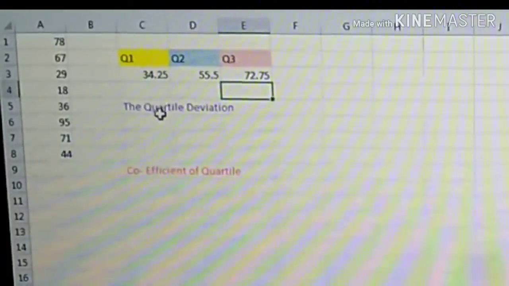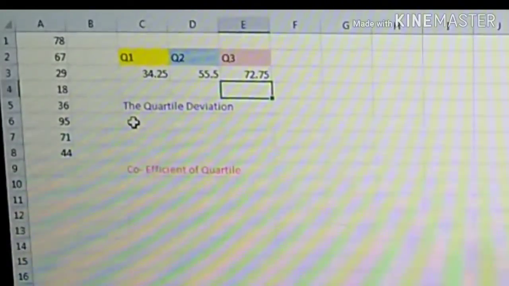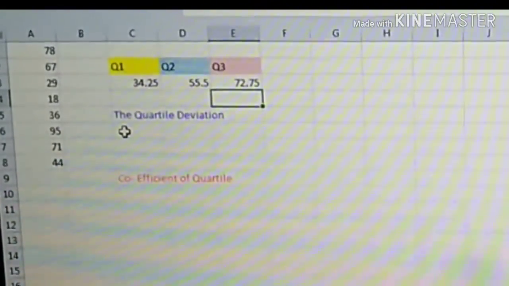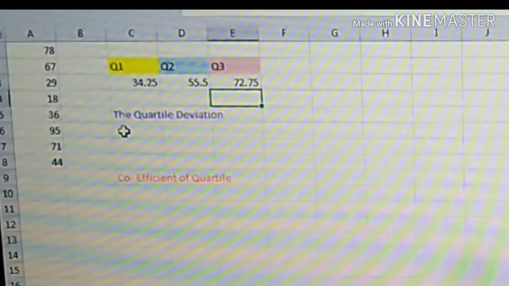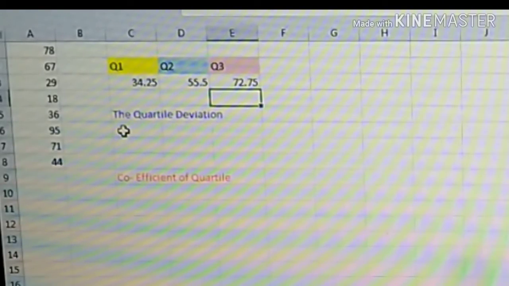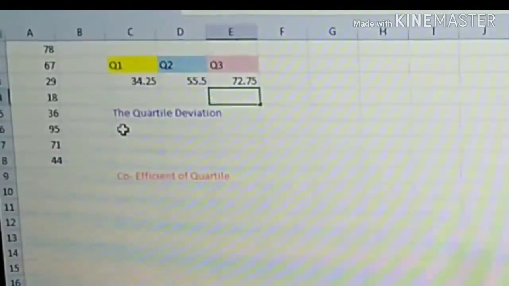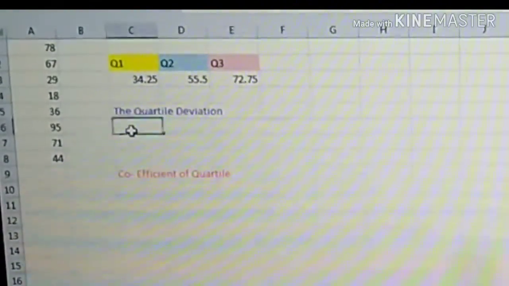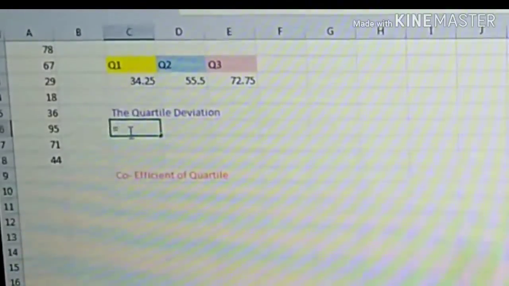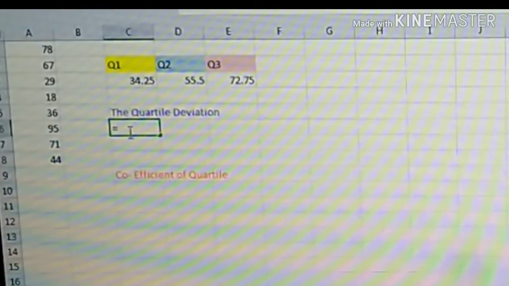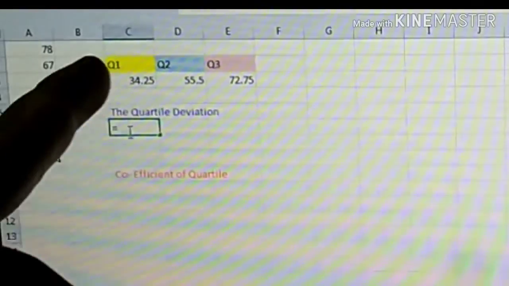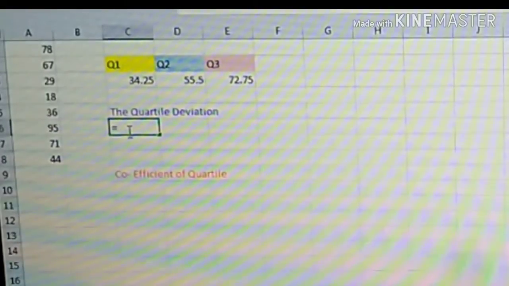Then, how do we get the quartile deviation? We need the difference between quartile 3 and quartile 1.